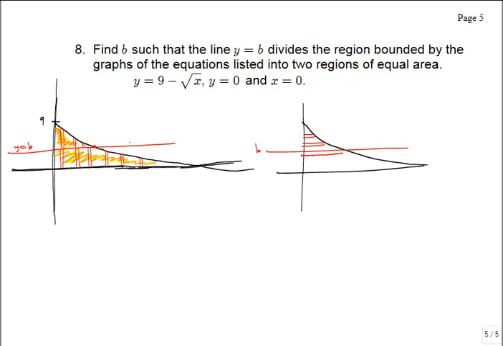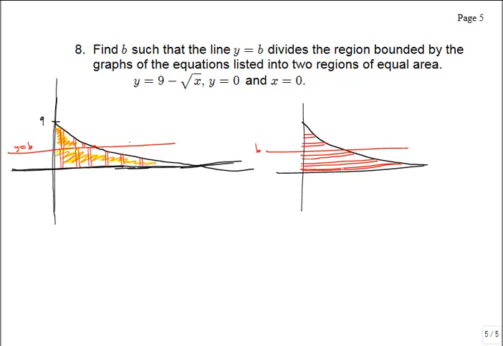Over here, if I draw a slice, on the right I'm on the curve, on the left the x-axis. And then all the way down here, that little slice, on the right I'm on the curve, and on the left I'm on the y-axis. So it was consistently the right being the curve and the left being the x-axis, so I would only need one integral for each of these two regions.